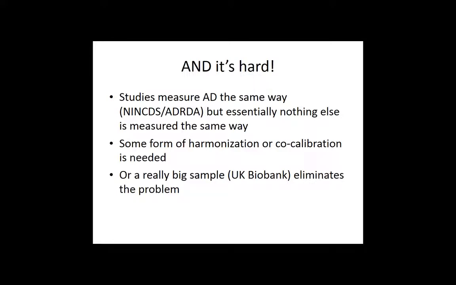So one nice thing about the Alzheimer's community is everybody used the same definition of Alzheimer's disease. The NINCDS-ADRDA string of letters that we all have to memorize to do anything in this field, right? Because the McKhann paper from '84, it's really an important advance because every study used it to define case or control.